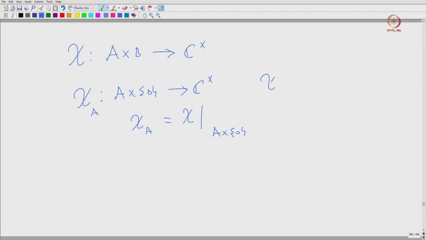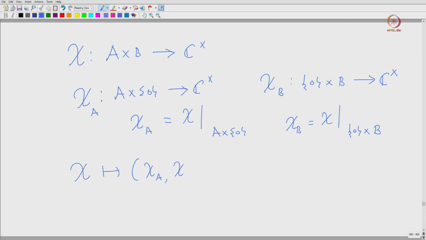Similarly, we define chi B, which is chi restricted to the copy of B inside A cross B. Now it is not very difficult to prove chi is uniquely determined by chi A and chi B. So chi goes to the pair chi A, chi B, and this defines an isomorphism from the dual of the product to the product of the duals.